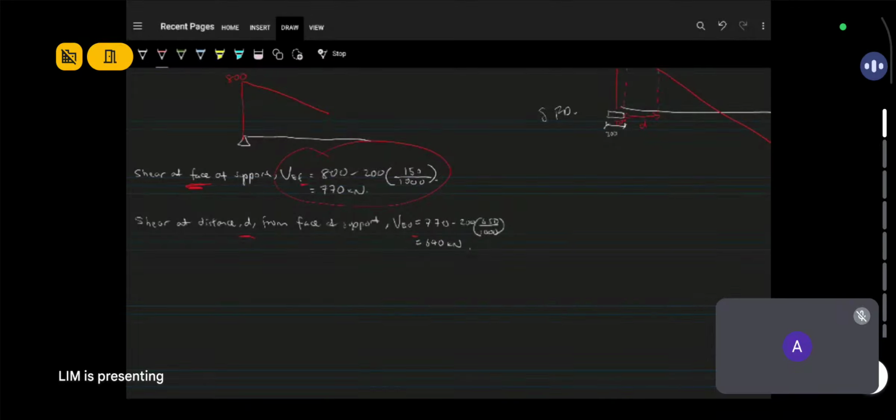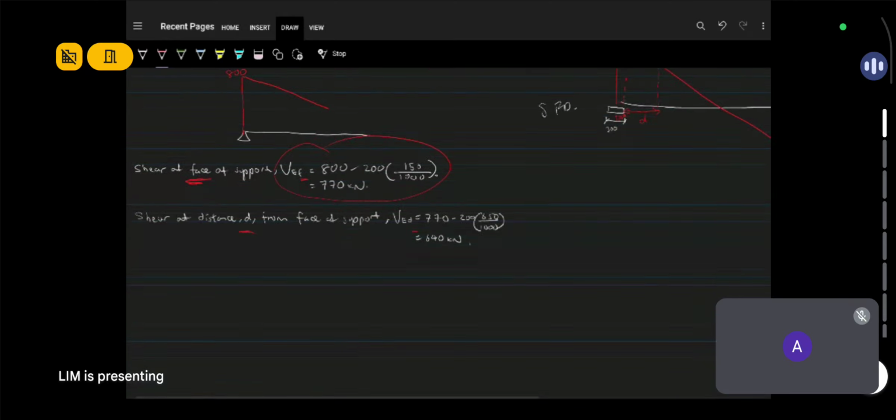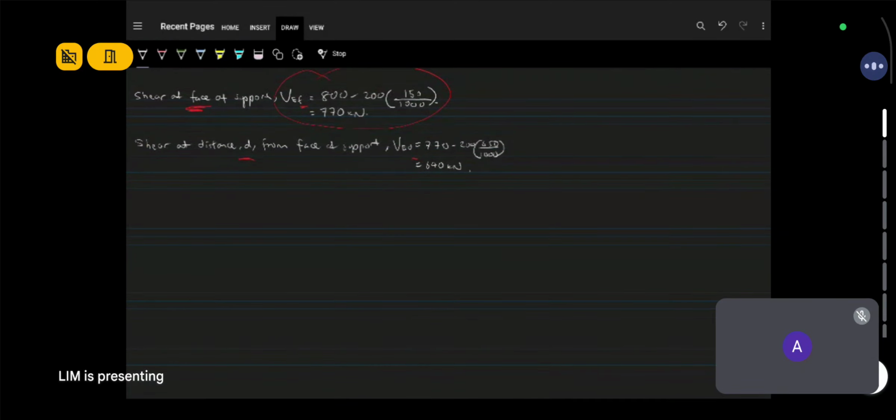So first, what you're going to have to do is assume the angle of the truss. So this is our beam.